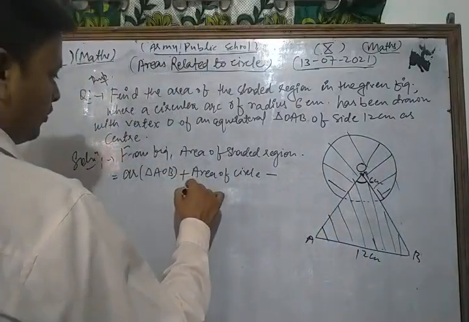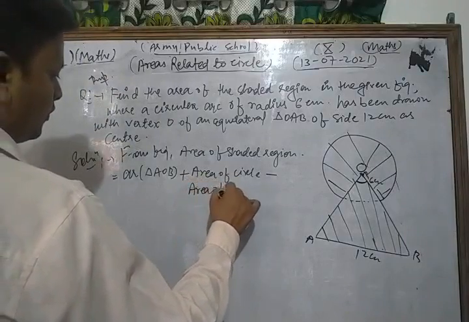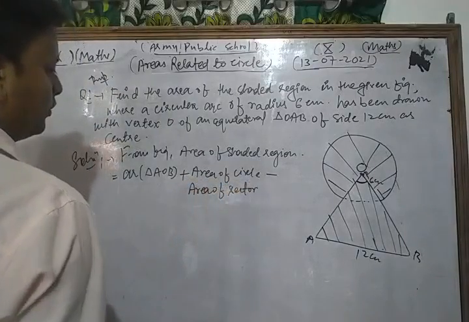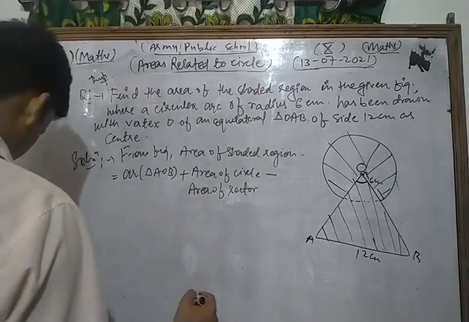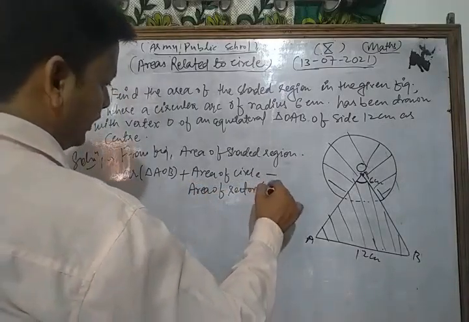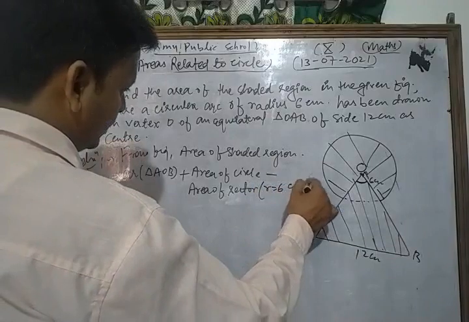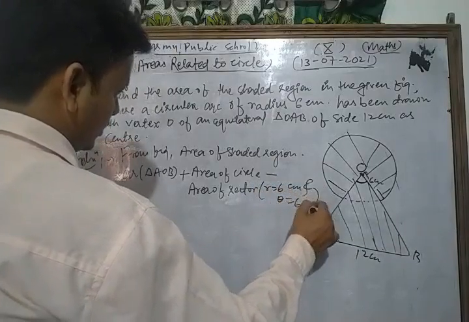So minus area of sector of radius 6 centimeter and central angle 60 degrees.